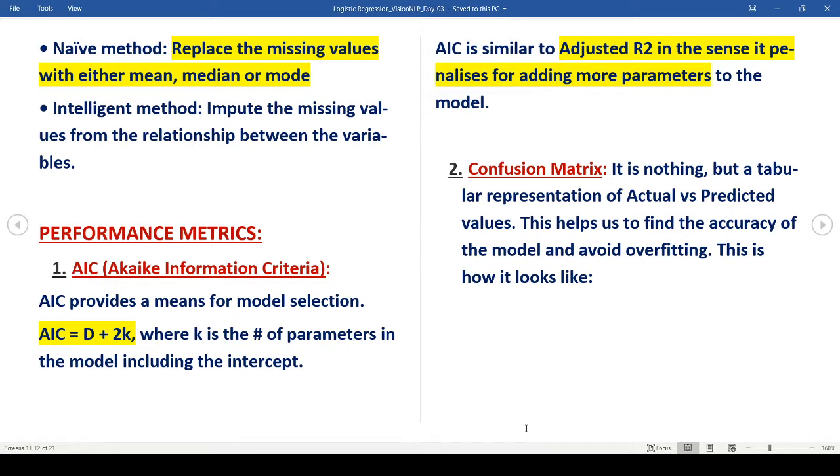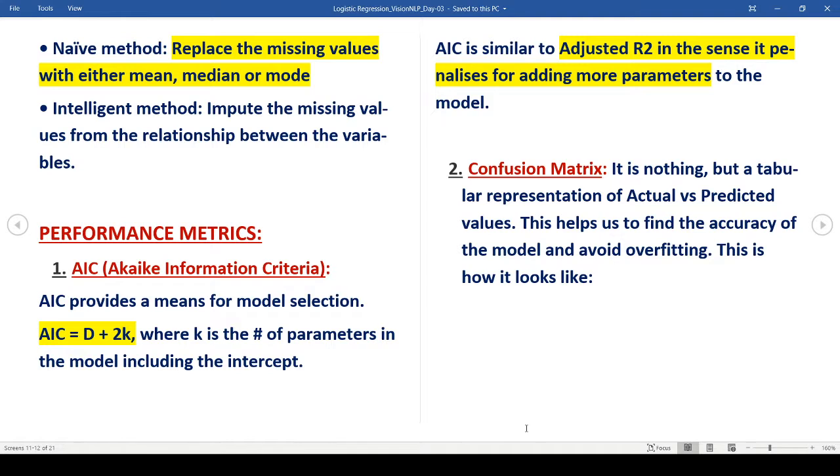Now I think you must remember, I already discussed in my first class on the basics of machine learning, the confusion matrix. Guys, this is the most important thing you will learn when dealing with categorical values. It is nothing but a tabular representation of actual versus predicted values.